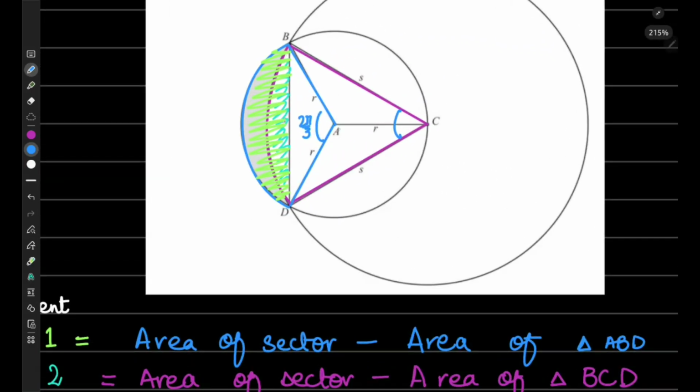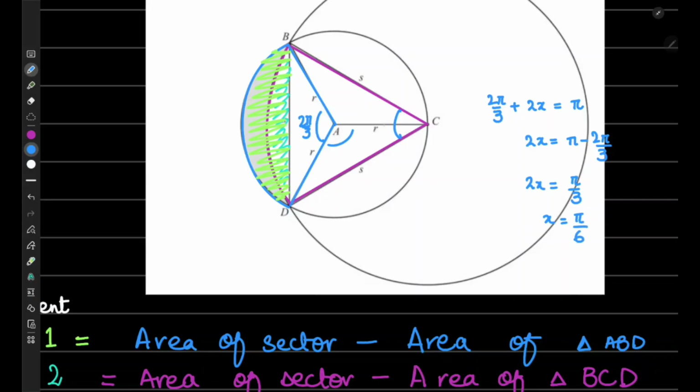If this is 2 pi by 3 in a triangle, what will be the other two angles? 2 pi by 3 plus 2x equals pi. So that turns out to be 2x equals pi minus 2 pi by 3, x is pi over 6.